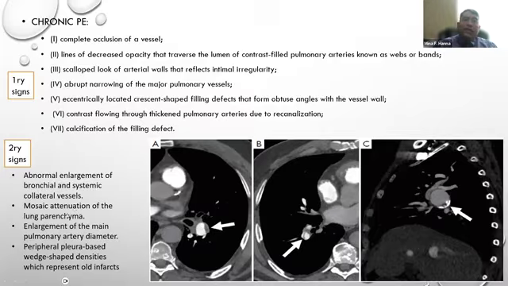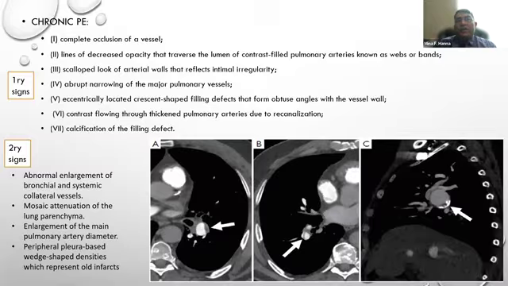The secondary sign is abnormal enlargement of the bronchial and systemic collaterals. You will find the collateral circulation trying to fill this area with the obstructed artery, so they dilate. And you will find mosaic attenuation, because the lung parenchyma usually has air and vessels. If no vessels are going to it, it will have air only, so it will be more lucent.